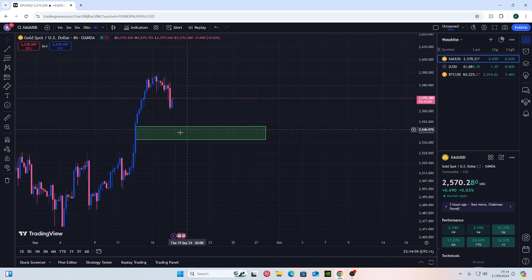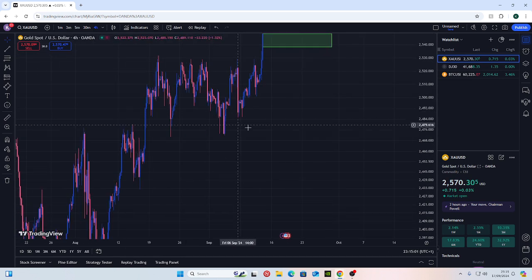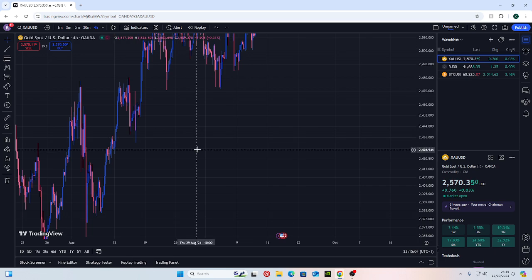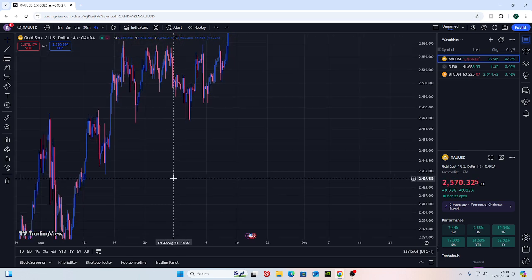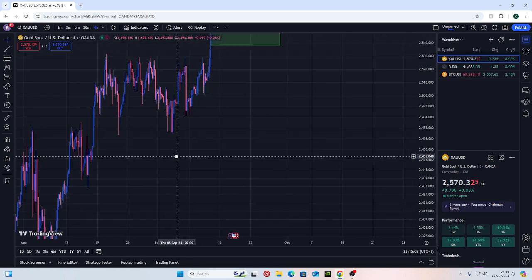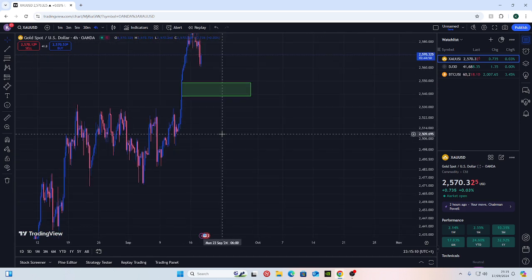But in my eyes, I see gold breaking straight through that. No fair value gaps being left behind, and no inverse fair value gap has been filled.